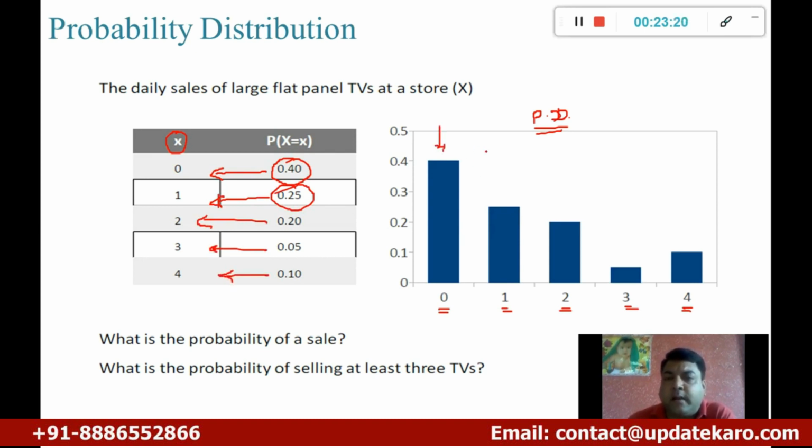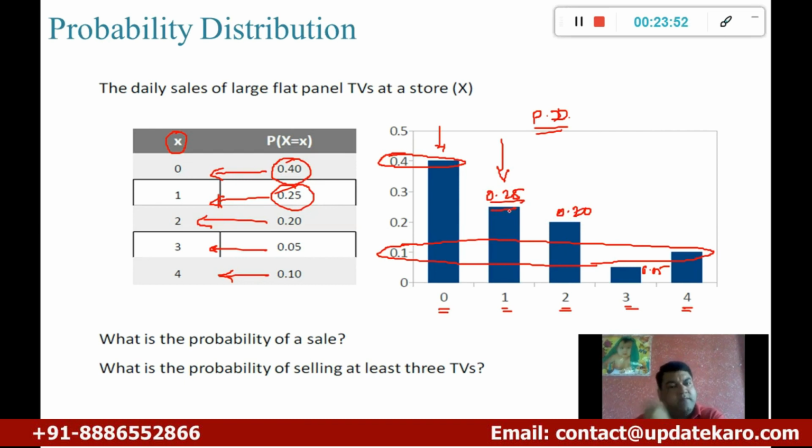If I plot them like this, 40% is the probability for 0 television sales, right? 10% is the probability for 4 television sales. This is 0.05, this is 0.20, and this is 0.25.